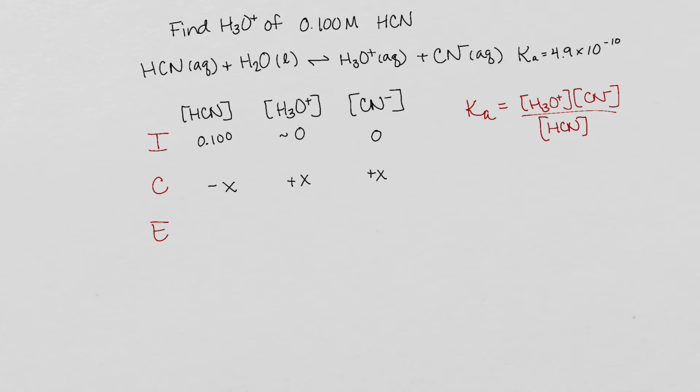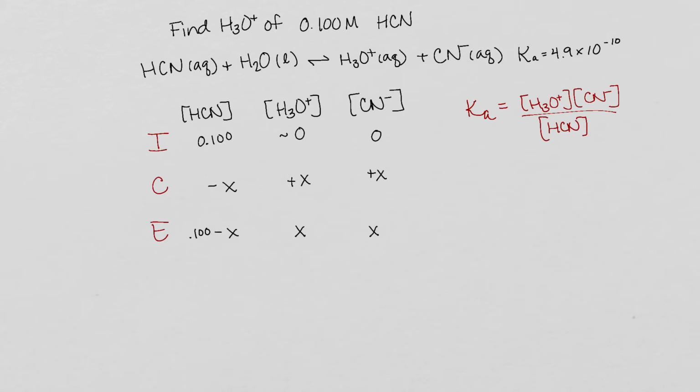So it's just you lose one proton, gain one proton here, so it's all 1 to 1, so we just have our x's there. And then now we'll be ready to fill out the rest of our table. Now we don't know what x is yet, so we're just going to keep it with our variables. So 0.100 minus x, x, x.